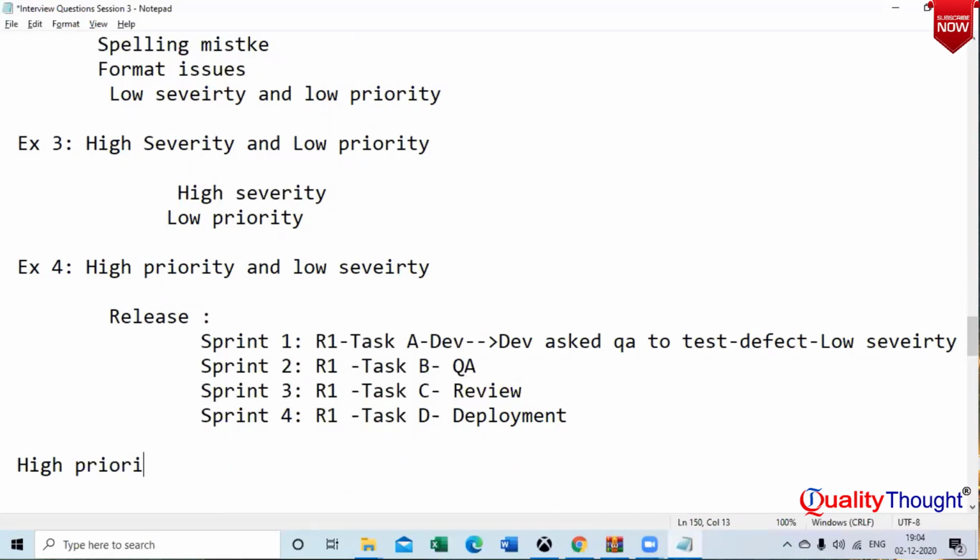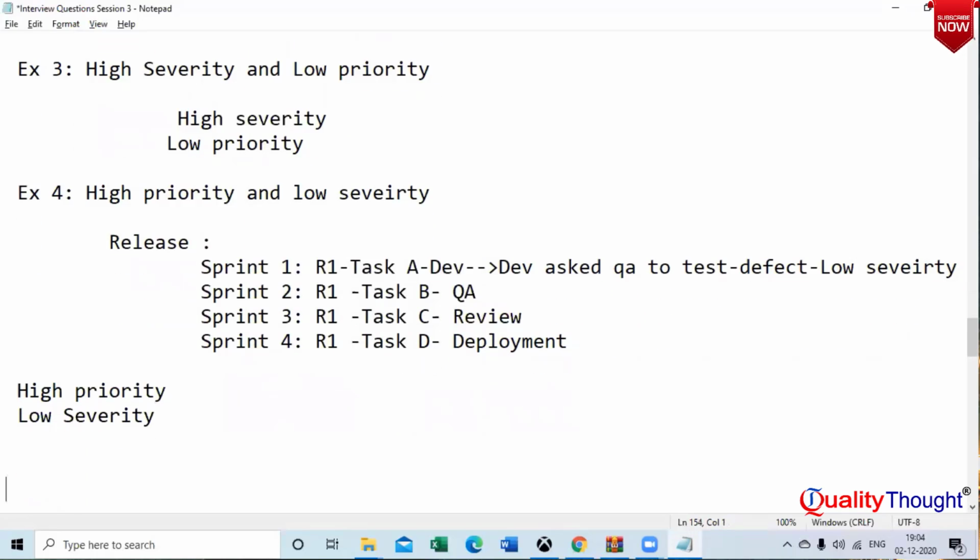But from the QA perspective, low severity, because we have time to release and we have time to test. So this is the severity and priority concept, guys. Any interview question, you can derive the answer from this discussion.